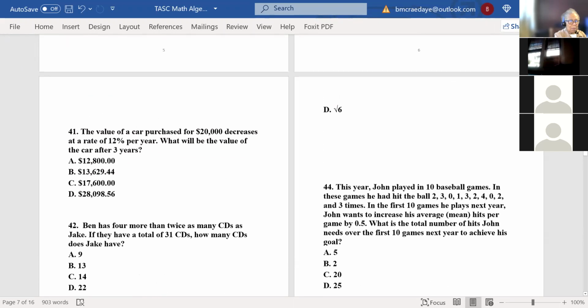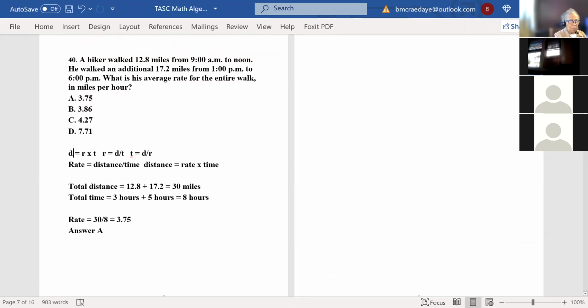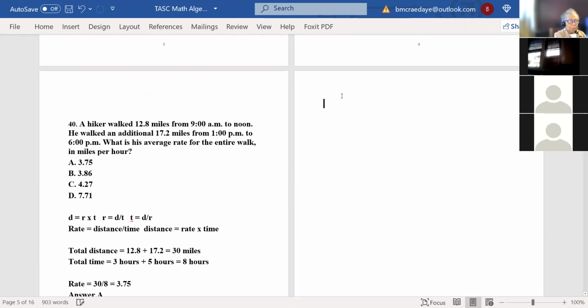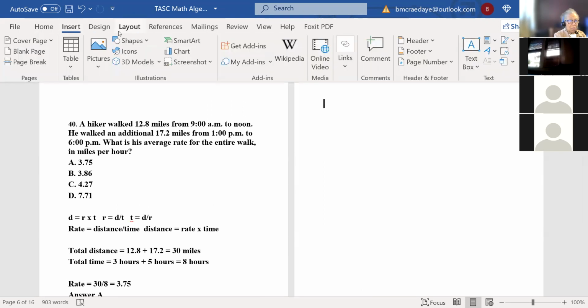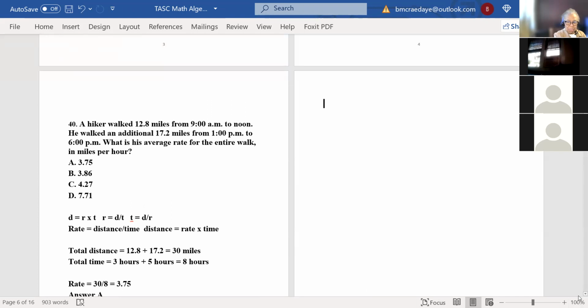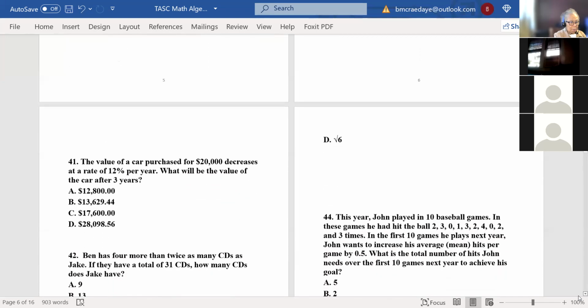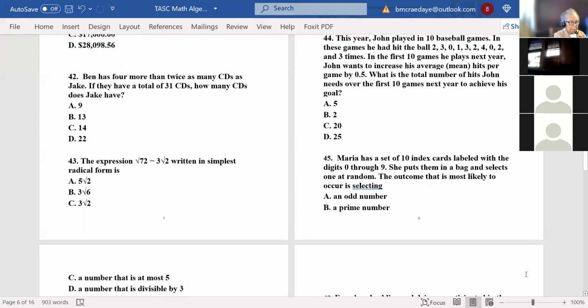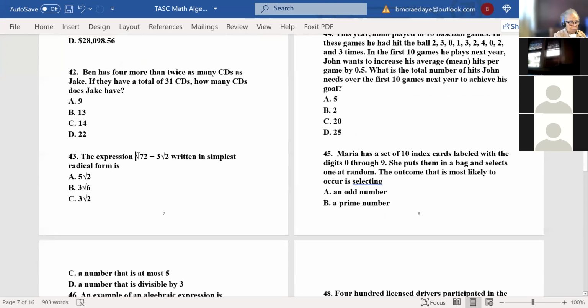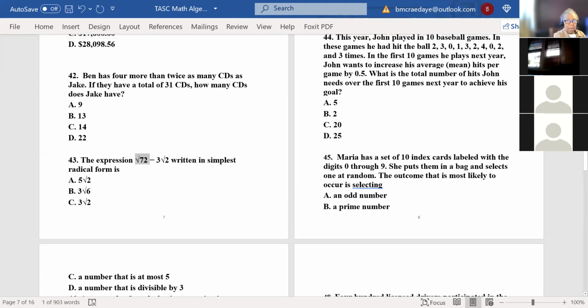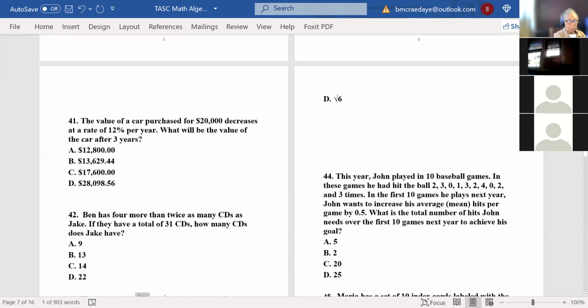Okay. I just want to make sure you know how to break them down. This is a radical, which is for the square root.